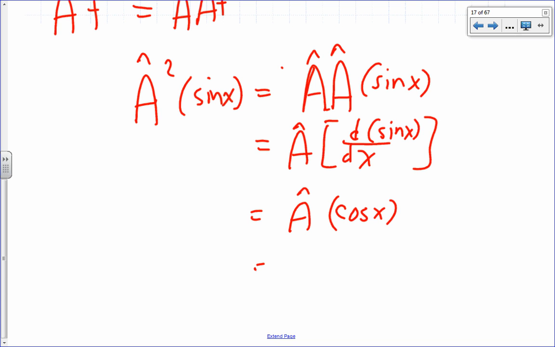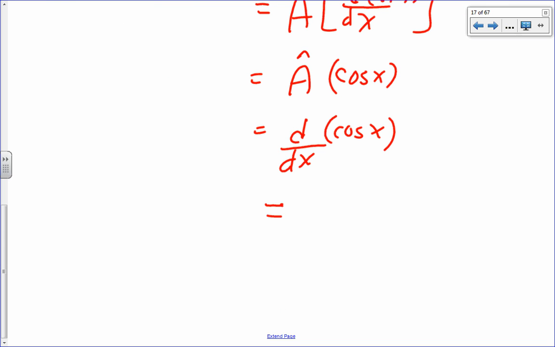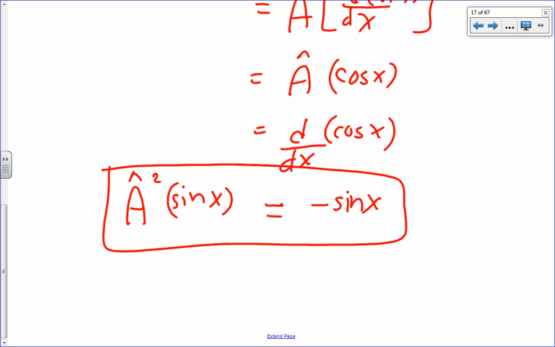cosine x. And what does the a operator do? It takes the derivative of cosine x in this case. What's the derivative of cosine x? Negative sine x. So you're saying that a squared operating on sine x gives you back negative sine x.